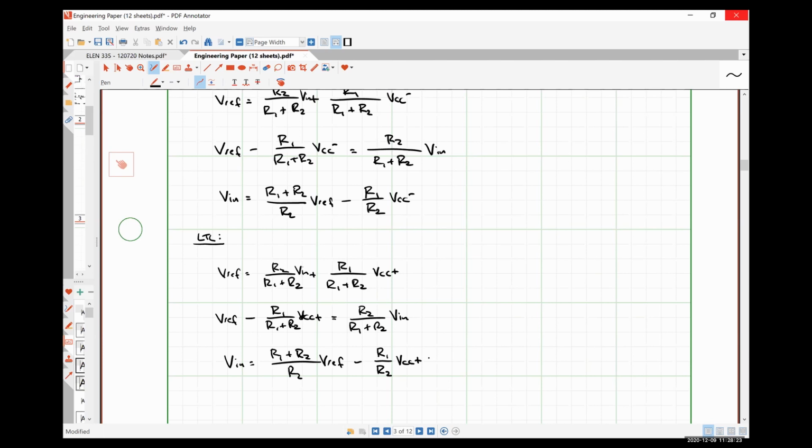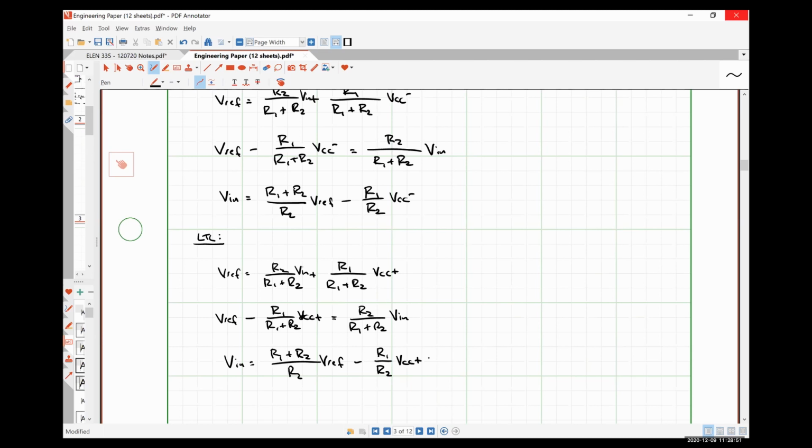times VCC plus. Right. So it looks like effectively the same thing, but we need to recall VCC minus is typically a negative quantity. It's definitely smaller than VCC plus. So this quantity is going to be some number minus a negative, meaning we're going to get a high voltage. And over here, we're going to have some number minus a positive voltage, which is going to give us potentially a negative voltage, at least a smaller one.